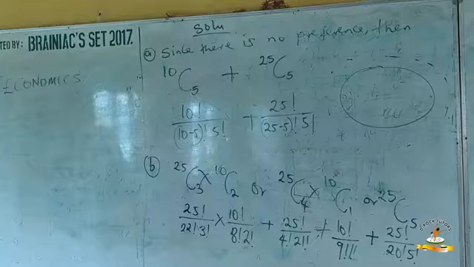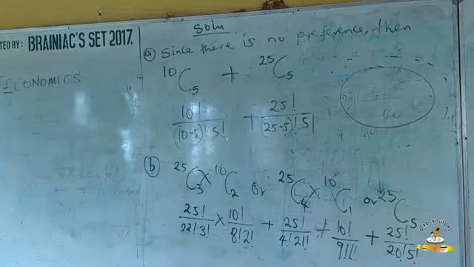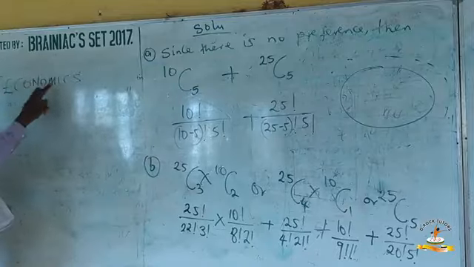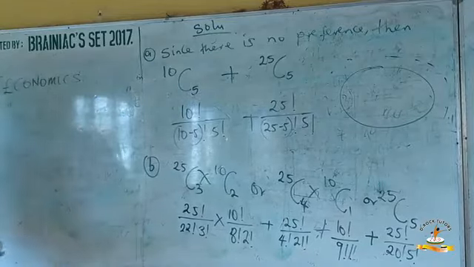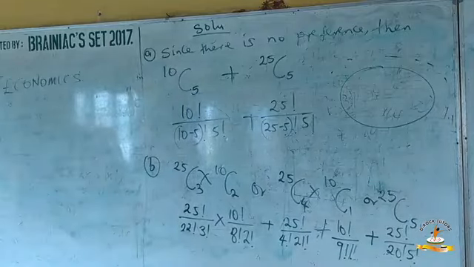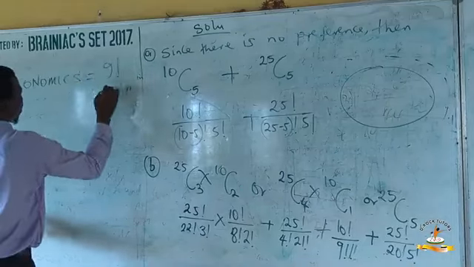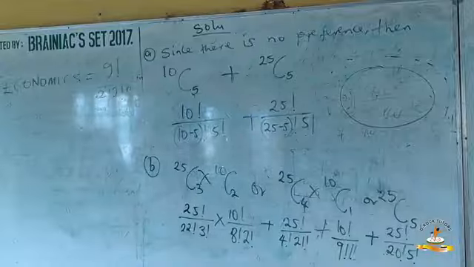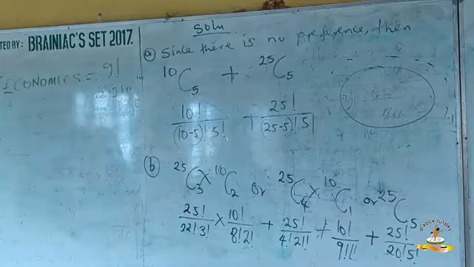Which phase comes right after G1 in the cell cycle? You see on the board, G1 is the first stage. After that is the synthesis stage, the S stage. After the S stage is the G2 stage, and then after G2 is the mitotic stage. So the stage that comes right after G1 is the synthesis stage. By the way, cytokinesis is not one of the stages in a cell cycle.